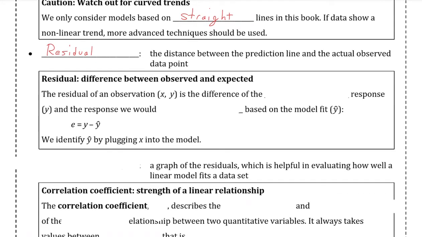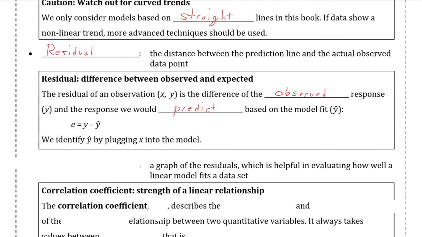In this note here, we have the residual of an observation x, y is the difference of the observed response y and the response we would predict based on the model fit y hat. So the residual here, for example, could be the observed value y minus the value we would get from our model y hat.